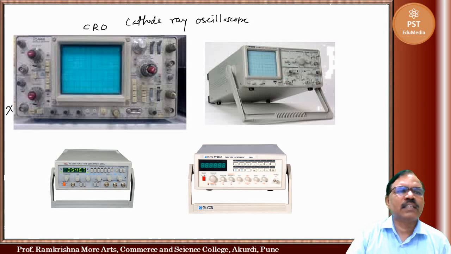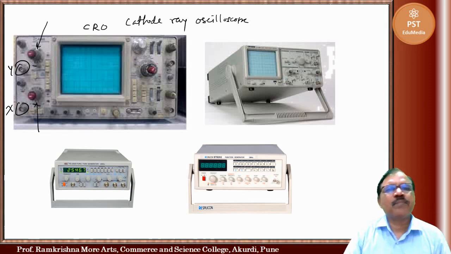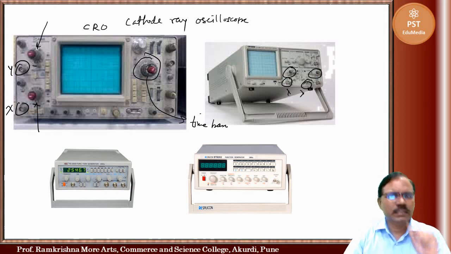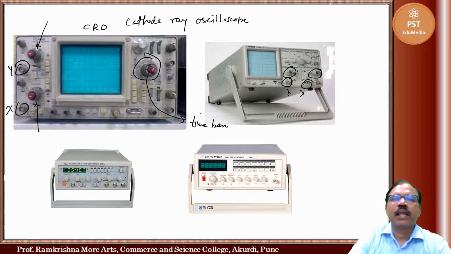This is the X channel, this is the Y channel. These are buttons used to arrange the scale. This is the time base. This is also another CRO. Here we have the X channel, here the Y channel, here two knobs to adjust scale, and here we have the time base knob.